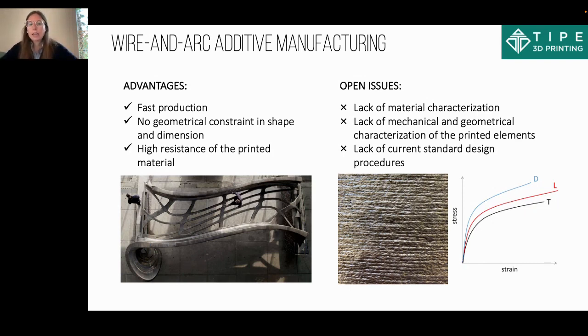So you can increase the size of the printed part up to, as I said, a few meters, and the result is quite resistant, so it's good for structural applications. But the open issues that still need to be tackled are the lack of proper material and mechanical characterization of the printed piece, and the lack of current standard design procedures to efficiently apply that for construction.